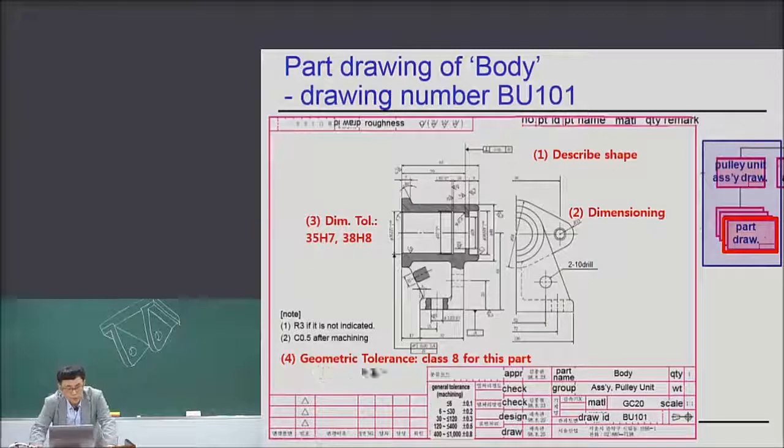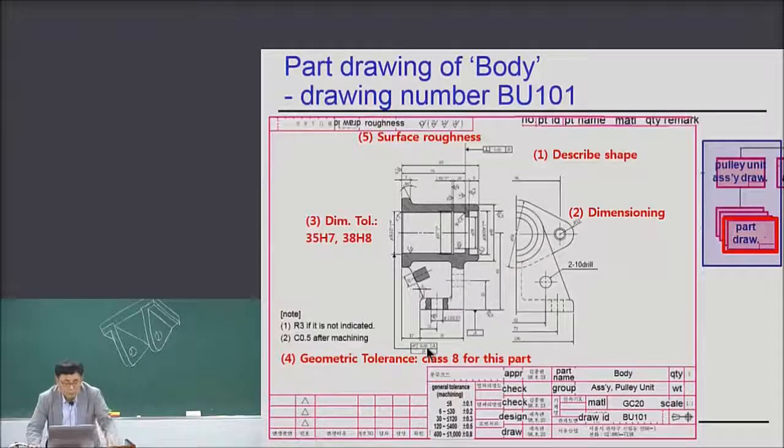So the geometric tolerance is also given based on class 8. For example, let me see. Now this is datum A, which is the bottom plane of this part. See here, what is this? A, and parallelism, how much?